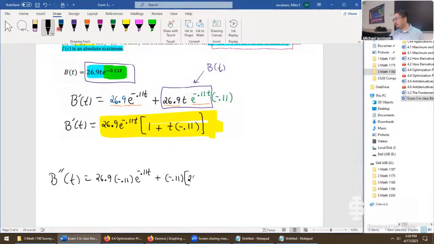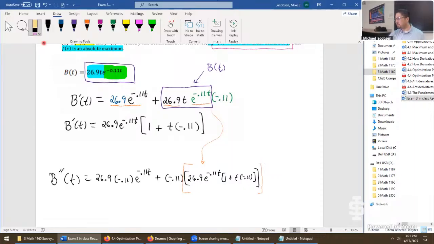So it's 26.9 e to the power negative 0.11 t, another bracket, 1 plus t times negative 0.11 goes in there. So that's the derivative of this portion. You know what, that's maybe too many arrows and everything on the emphasis. Let's pause right here for the moment.